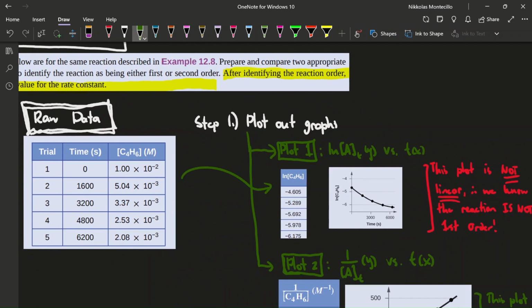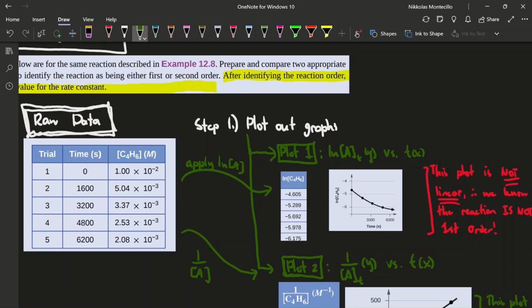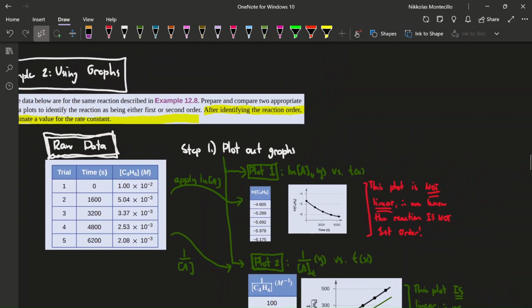For plot 1, I apply the natural logarithm. And for the second plot, I apply 1 over the concentration of A. Remember that the key feature to look for is a straight line.